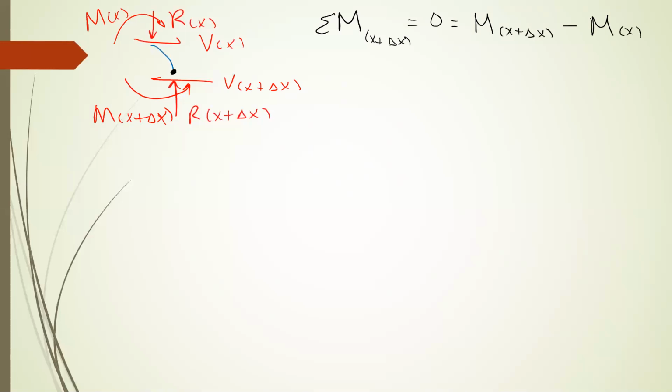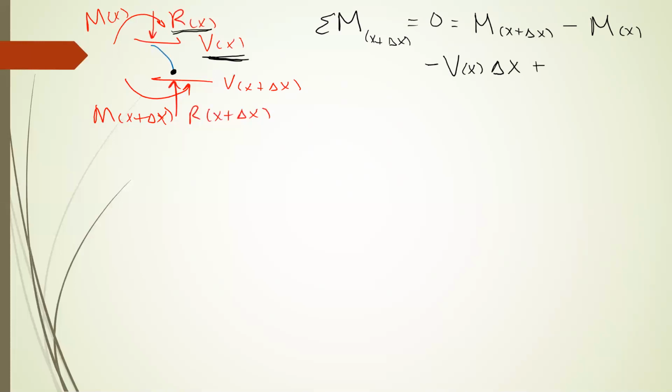The shear force at x plus delta x does not create a moment because it passes through the point we're considering. Same thing about the vertical force. But if I calculate the moment caused by V of x, I get a negative V of x times delta x.